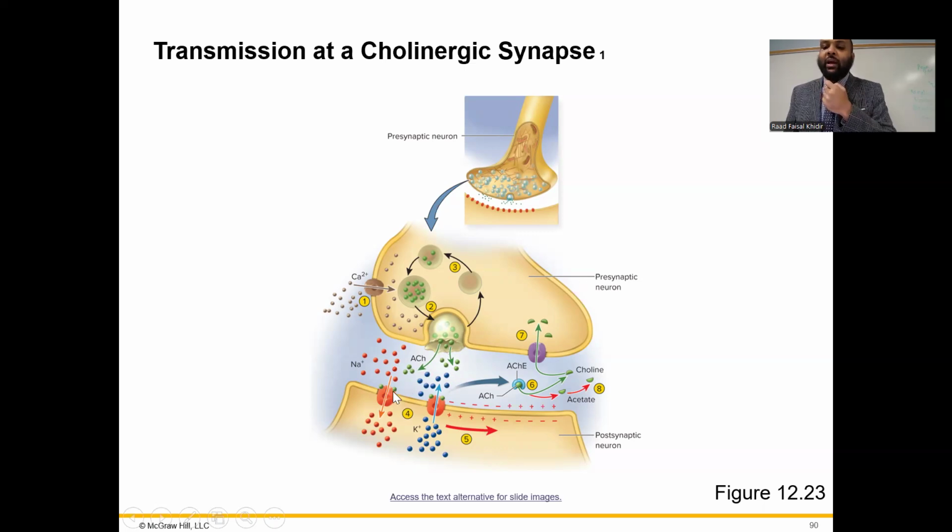Acetylcholine is the ligand. The opening of the postsynaptic receptor leads to the influx of sodium and efflux of potassium. That leads to step number 5, the action potential, which then propagates downward, and that's how we mediate the action potential throughout the synapses.